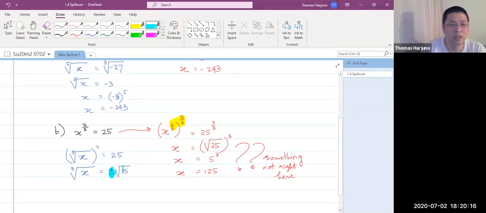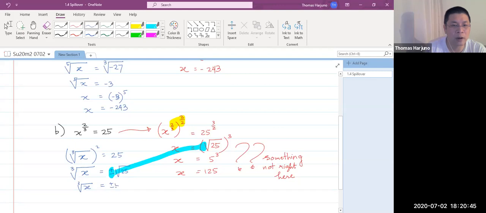You won't realize that, because the power of 1/2 means square root, while when we do it slowly in solving this equation, it's supposed to be with plus minus. So if I go on, I get the cube root of x equals plus minus 5.